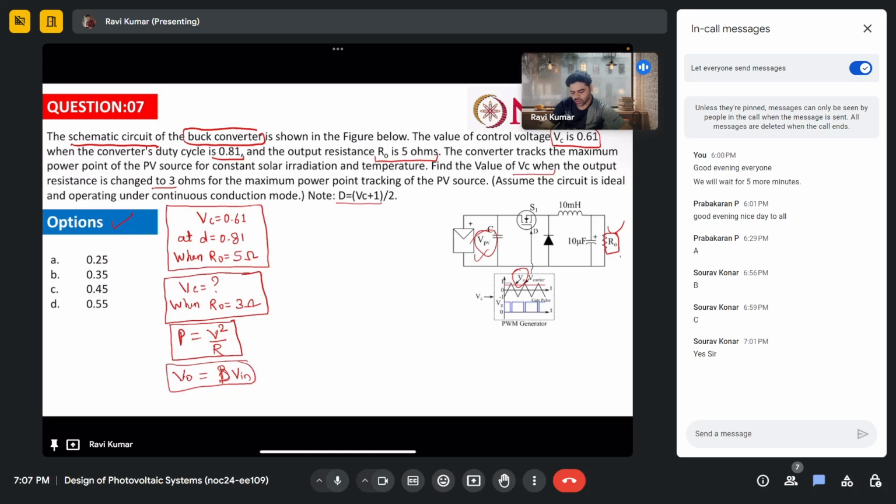So it means we already have R naught, that is the output side. We already can get this V naught. We can calculate the P naught as well. Then calculate P naught for this, calculate P naught for this, equate them, and you will be getting the value of D here, and then you will get the value of VC.